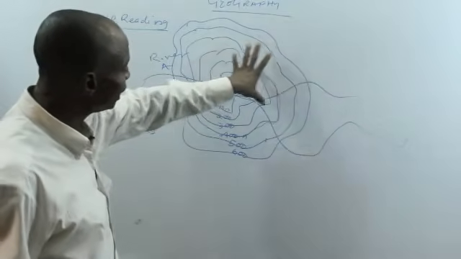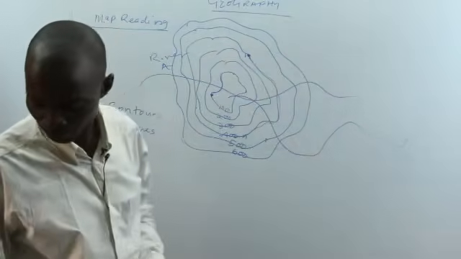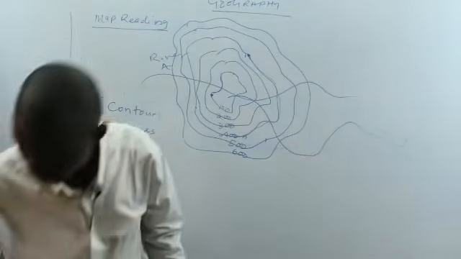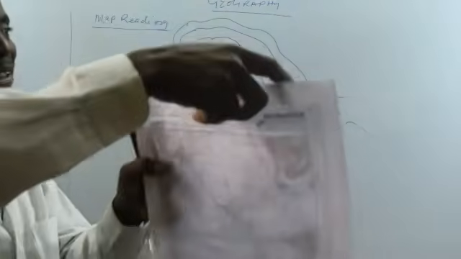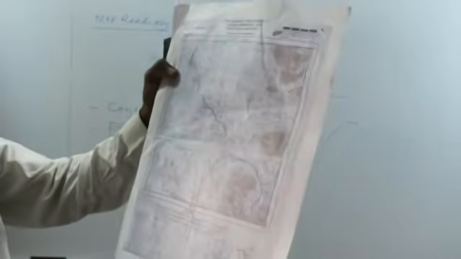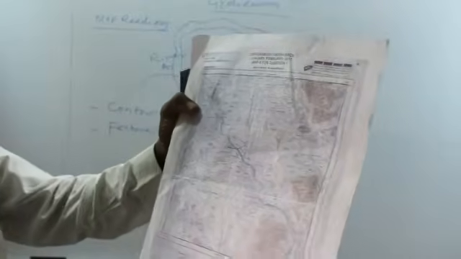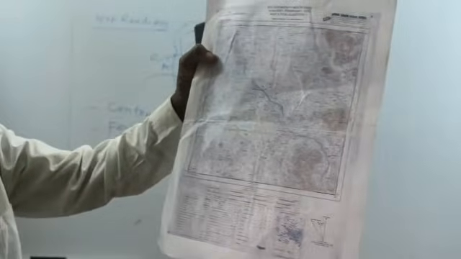So if you see a river on a map like this, can you see? This blue line represents a river, and you may be asked to identify the direction of flow of this river.